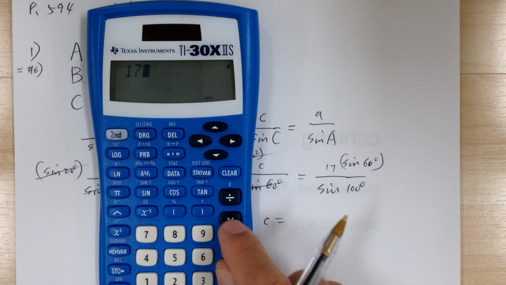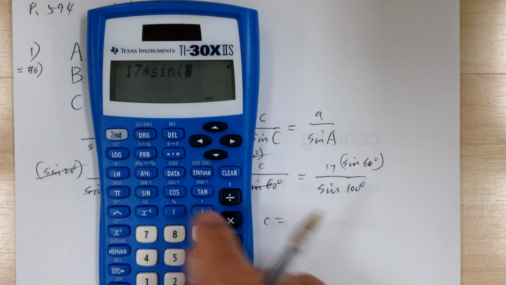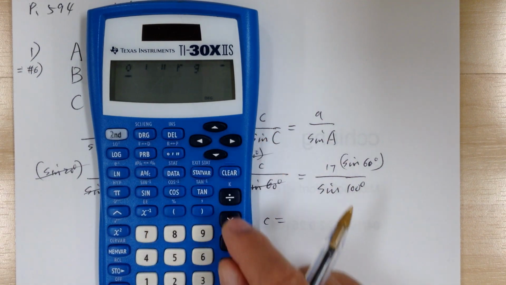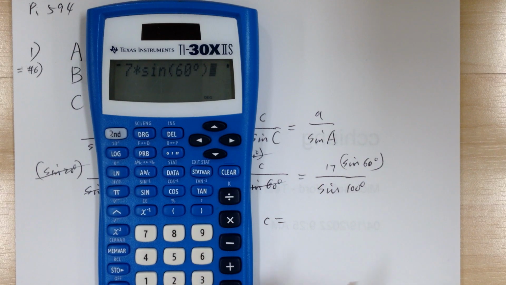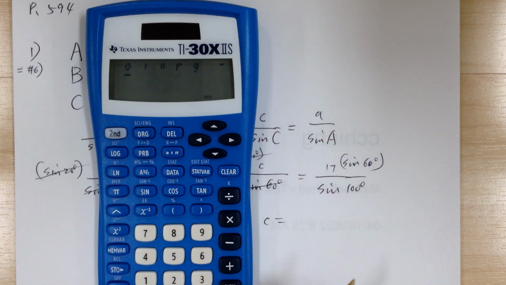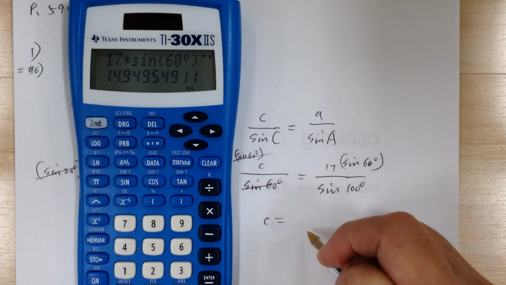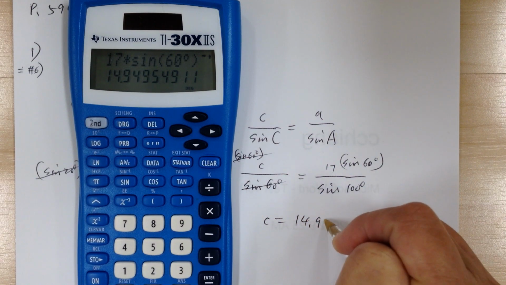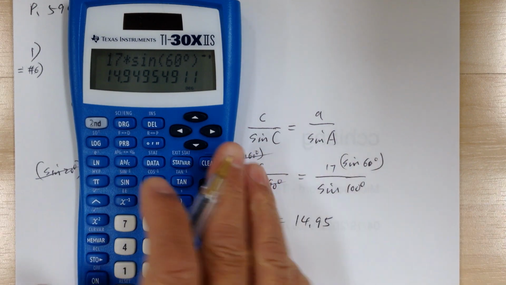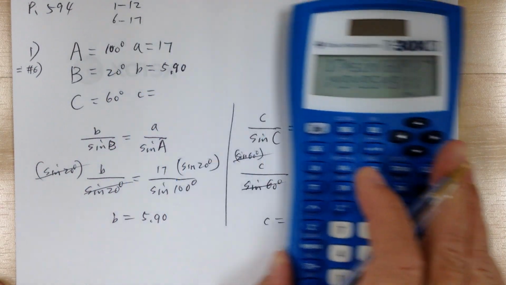So C equals, get a calculator, 17 times sine of 60 degrees divided by sine of 100 degrees, which gives 14.95.